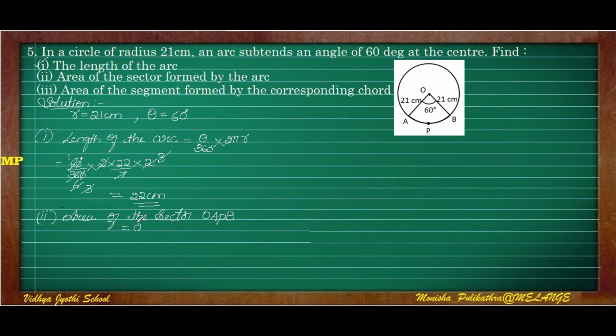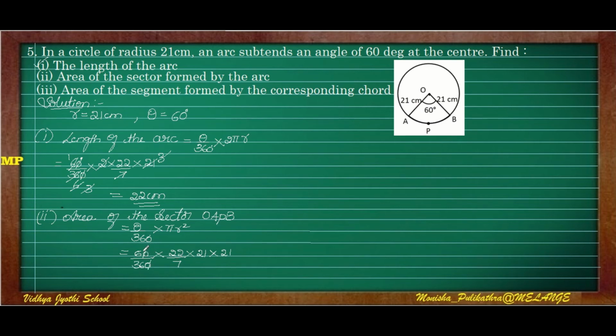Again, area of the sector, we know the formula. Theta by 360 degree into pi r square. So same, theta is equal to 60 degree, divided by 360 into pi is 22 by 7, and r we know that 21. Since it is r square, we have to write 21 into 21.